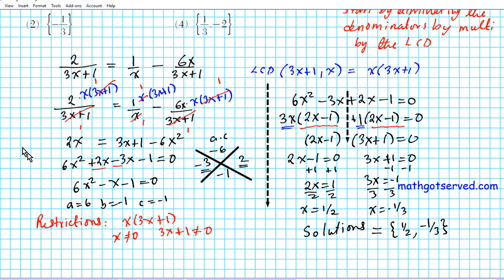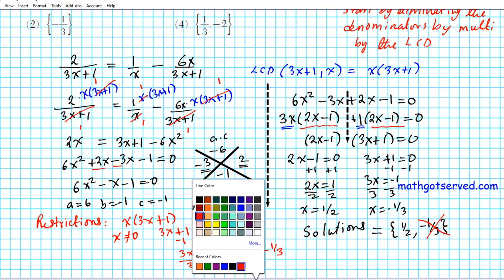If 3x plus 1 cannot be 0, subtract 1 from both sides. 3x equals -1, divide by 3. That tells us that x cannot be -1/3. Uh-oh, we have a problem, ladies and gentlemen. This answer, -1/3, is extraneous.